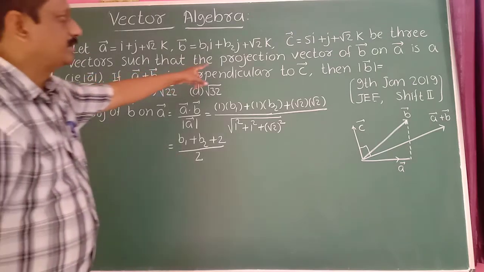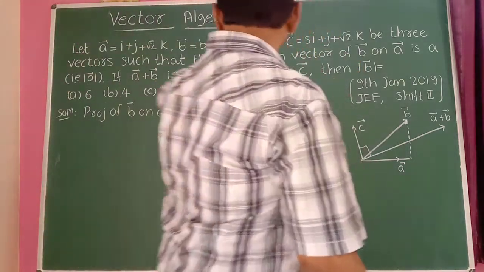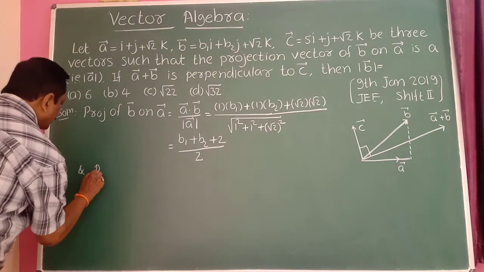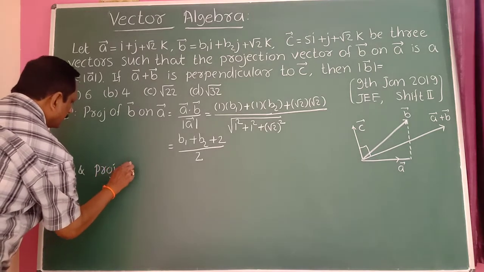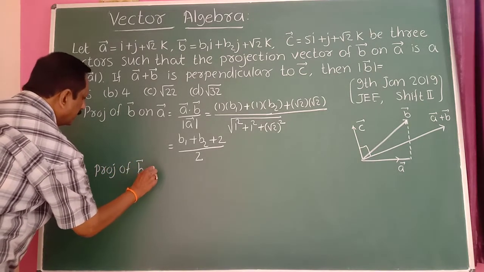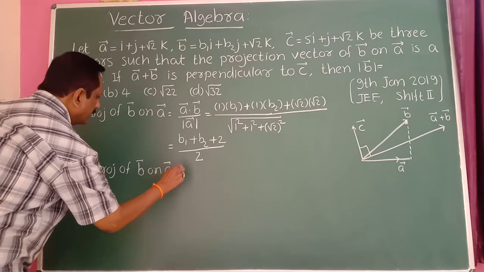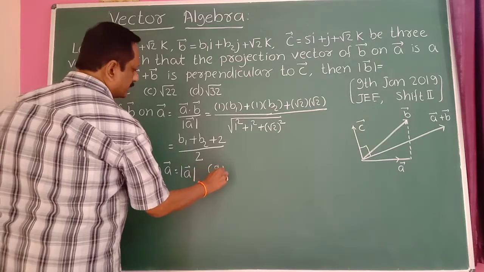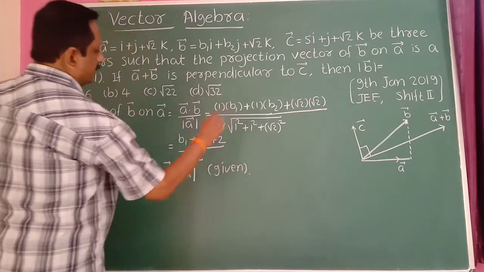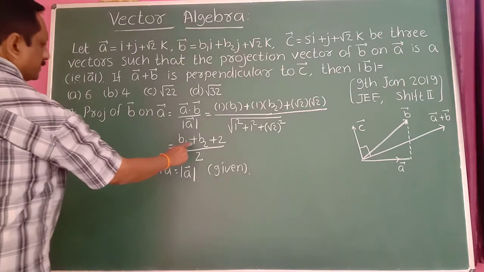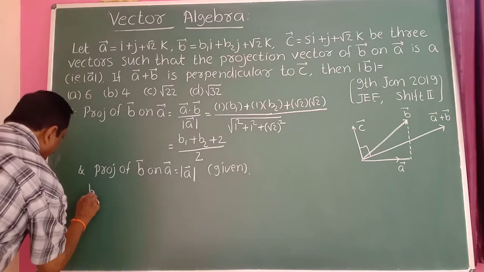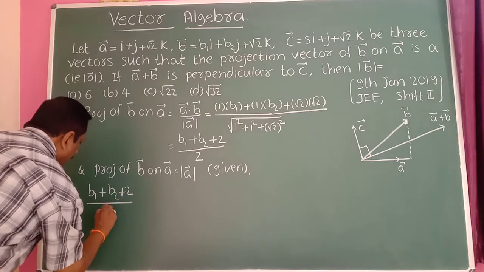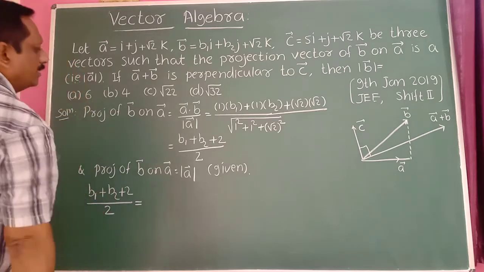And also they give that the projection of the vector b bar on a bar is equal to modulus of a bar. They are already given here. Therefore, b1 plus b2 plus 2 divided by 2 is equal to modulus of a bar.